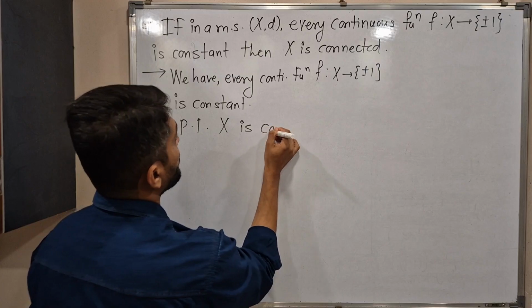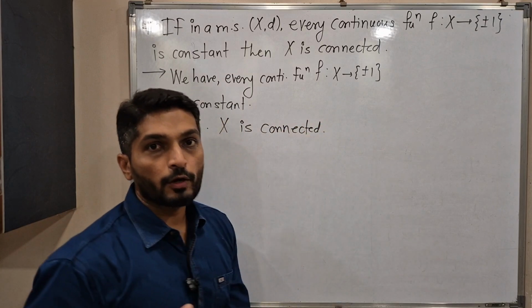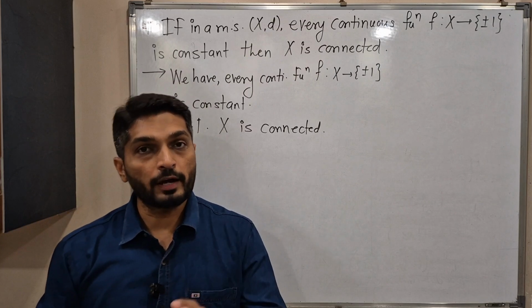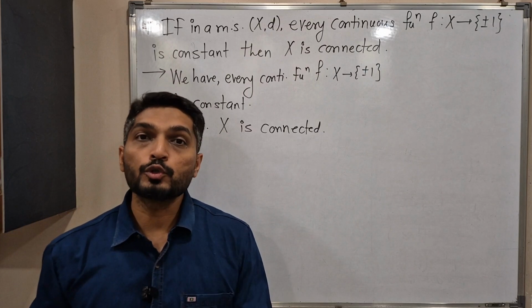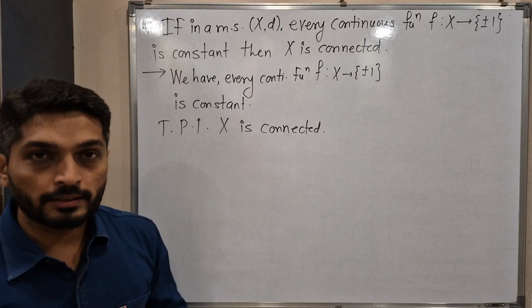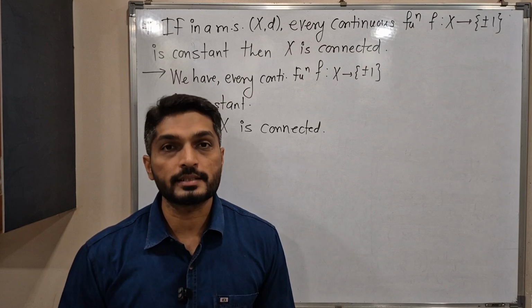X is connected, I'm going to follow the same method which I have already told you in our previous video. That method is, when we have to prove anything, assume exactly the opposite. We have to prove X is connected, so I will assume X is disconnected, and then I will write some logical statements.